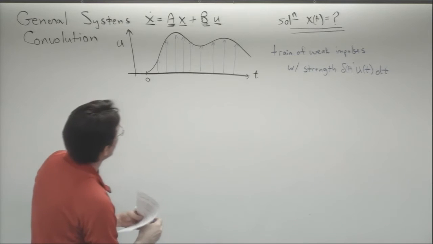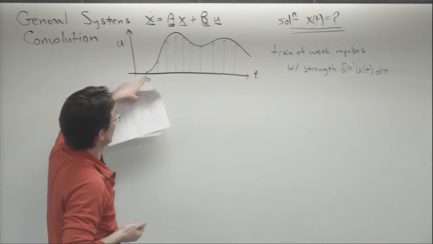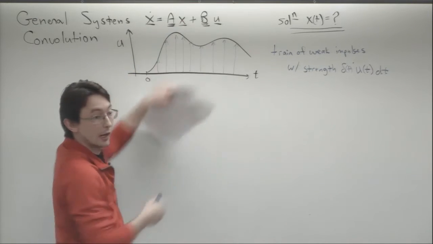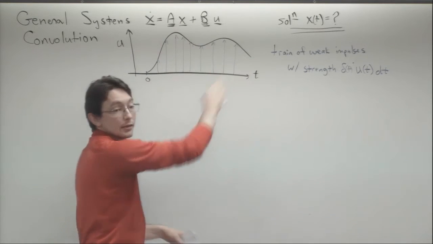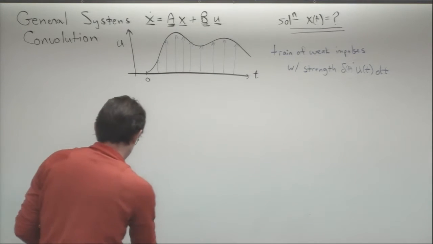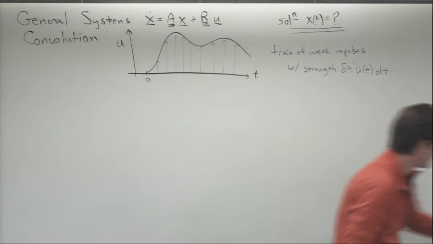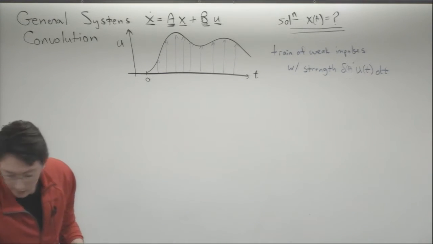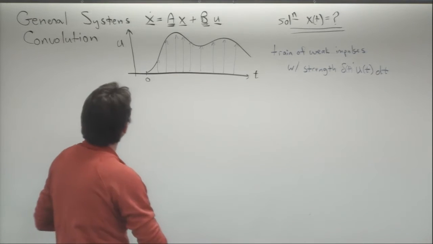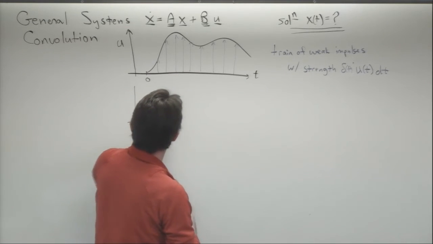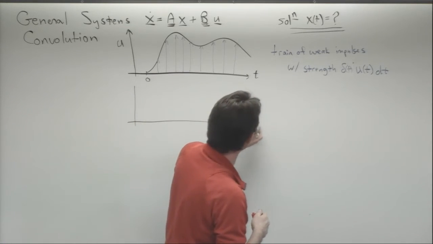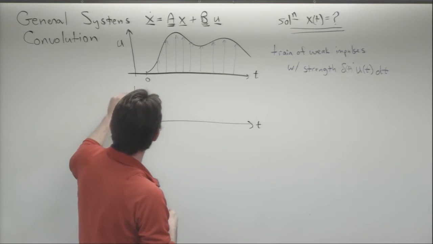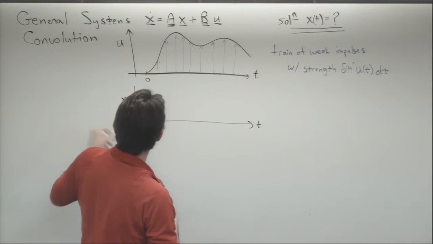Okay, so now I'm going to draw the solution x for the initial condition and with the effect of all of these trains of impulsive forcing. So first things first, I'm just going to draw the initial condition response, x naught.